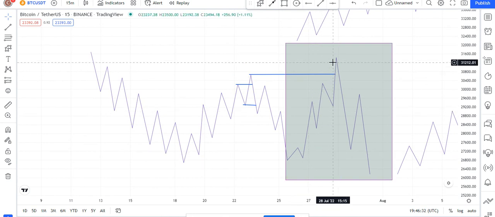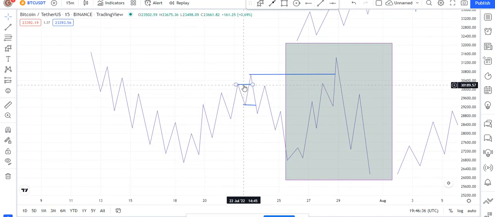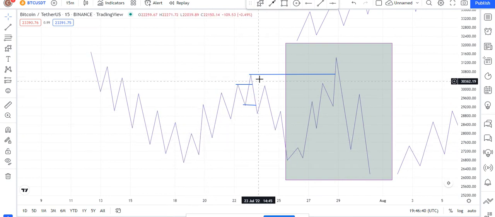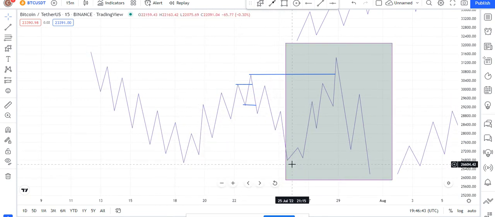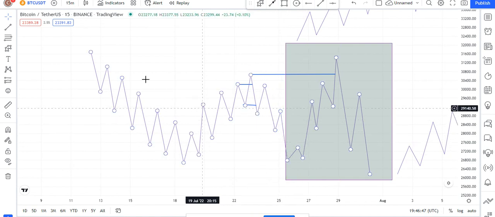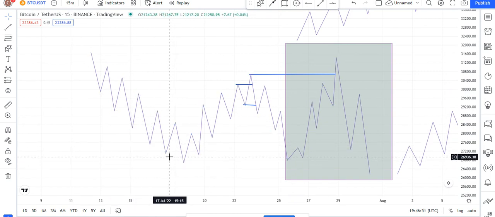Is that not the first reversal in this text now?